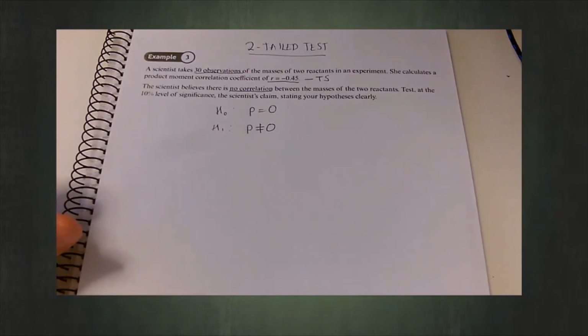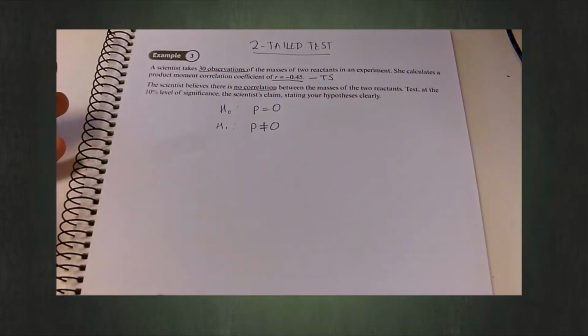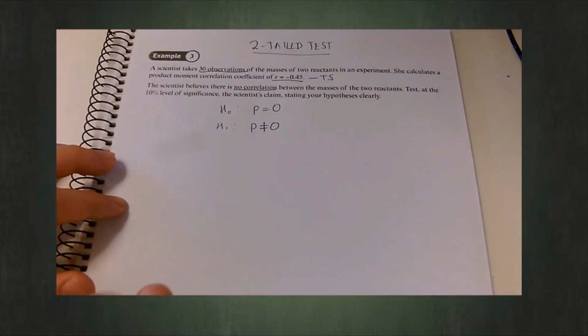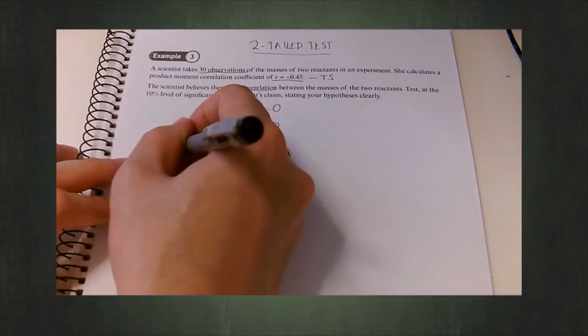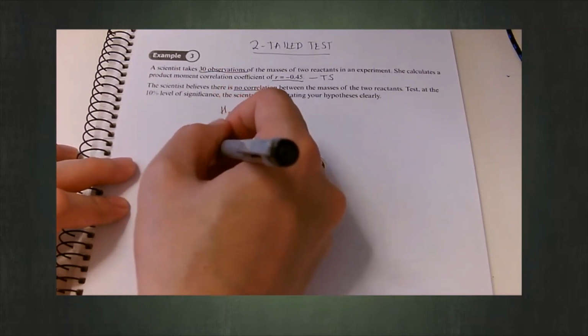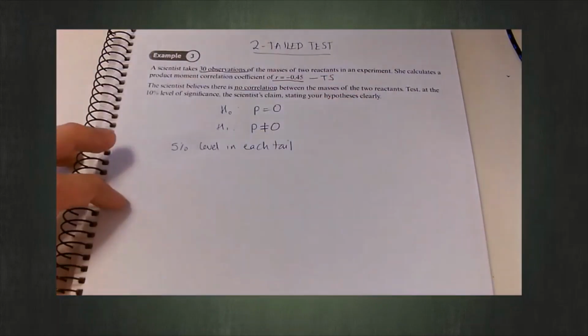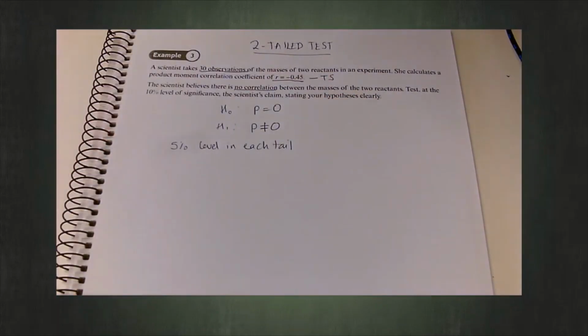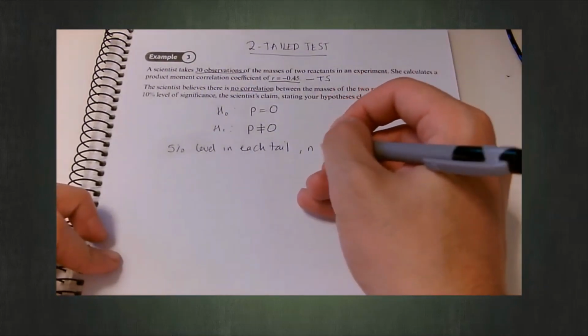So you need to test for either positive or negative, so we're going to use a two-tailed test here. We're going to test at a 10% level, and you should remember from year 12 that when you test at 10% level for a two-tailed test, what that actually means is you're going to test at a 5% level in each tail. So that will make things a bit different in your working.